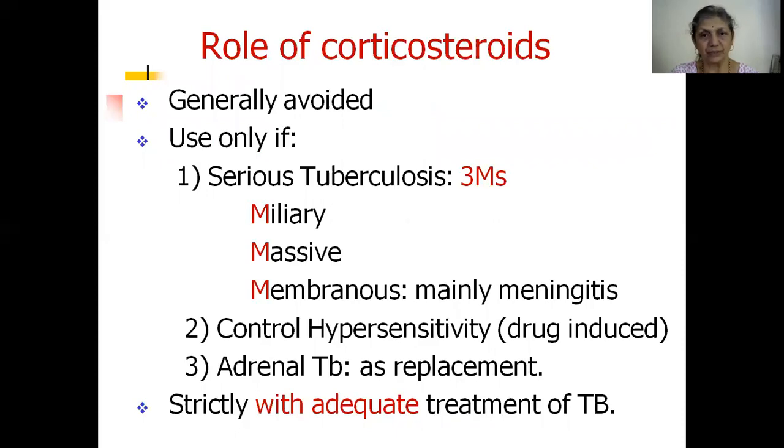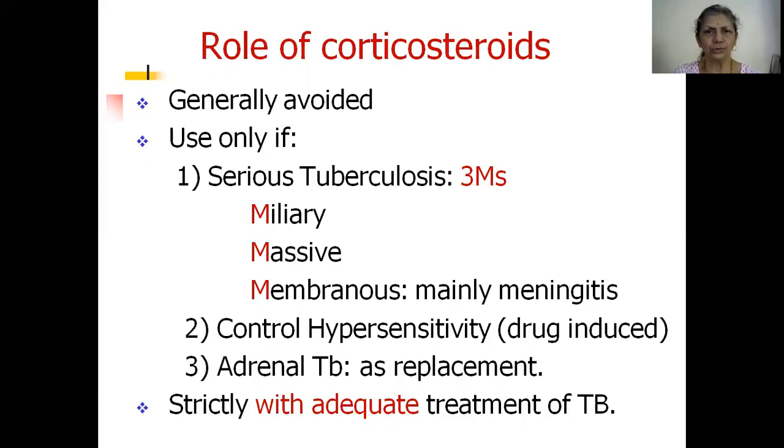Another important aspect to remember, is there any role for corticosteroids in management of tuberculosis? When you studied corticosteroids, you must have studied that before starting corticosteroids for whatever indication other than tuberculosis, you would rule out presence of infections like tuberculosis.